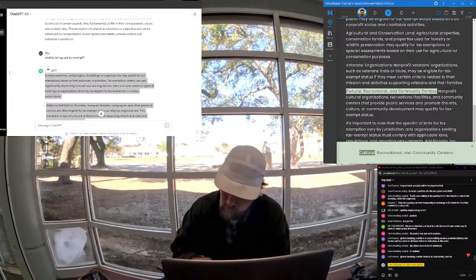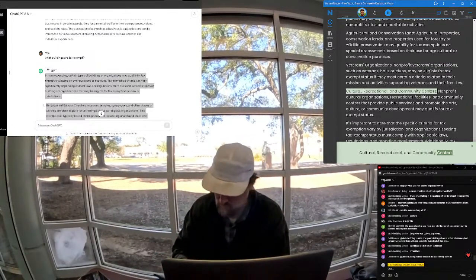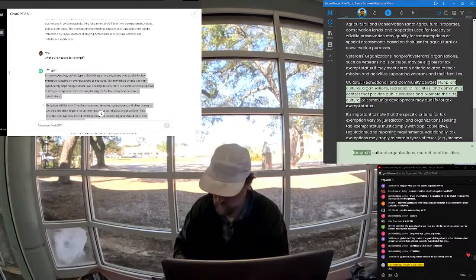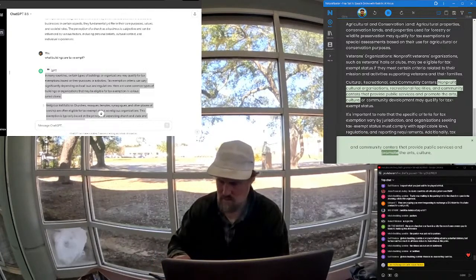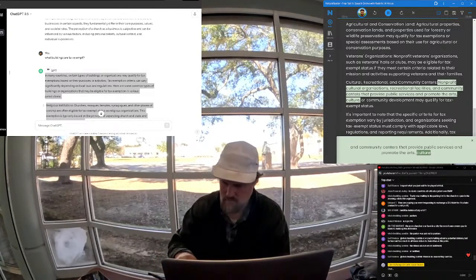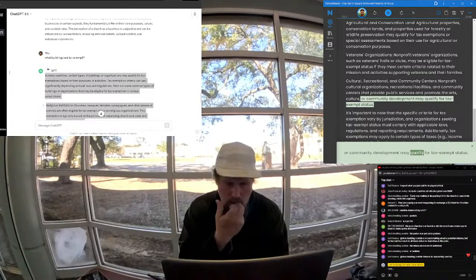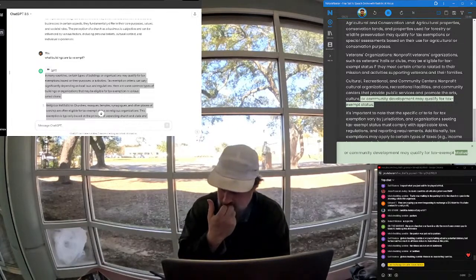Cultural, recreational, and community centers. Nonprofit cultural organizations, recreational facilities, and community centers that provide public services and promote the arts, culture, or community development may qualify for tax-exempt status.